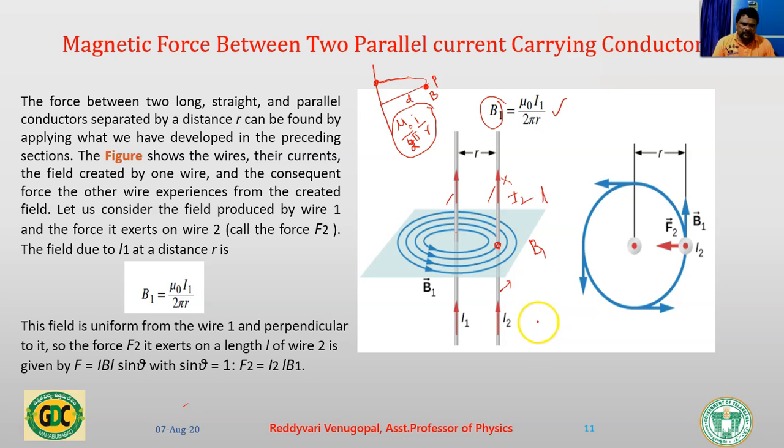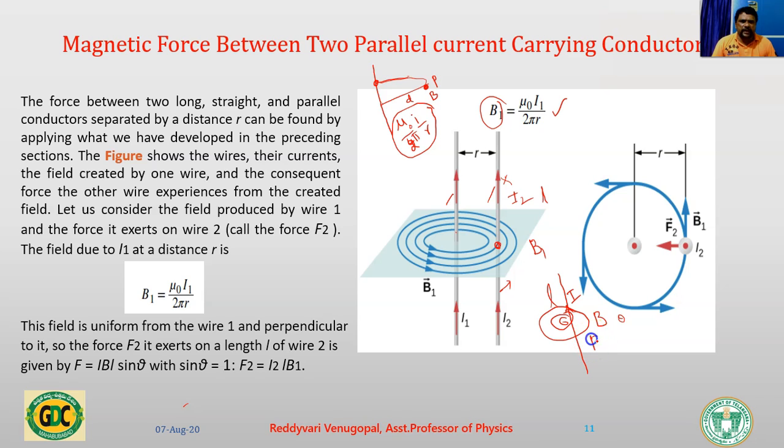Let me explain. Suppose we have a magnetic field of intensity B, and we have kept a current carrying conductor in which a current I is flowing, and the length of the conductor is L, and the angle between the magnetic field induction and the current direction is theta.